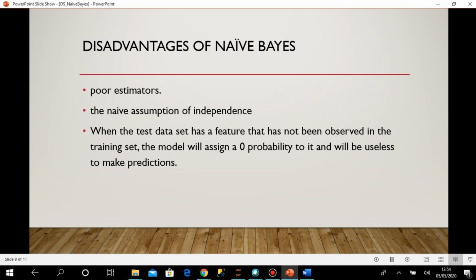But if some feature was not present in the training data set and now it appears in the test data set, it will not be calculated and will just be given as zero. So I will get a zero probability, which is actually incorrect, and I cannot make predictions with this type of data set. If the feature set differs between the training set and the test data set, then naive Bayes will not be applicable or suitable.